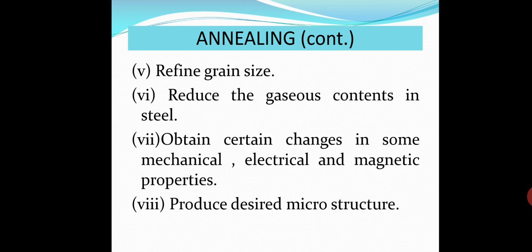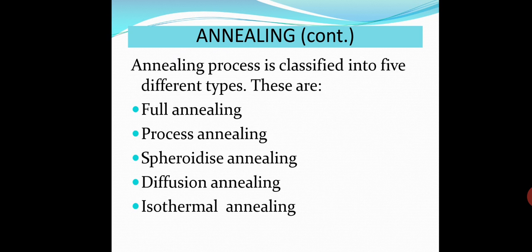Then refine grain size, reduce the gaseous content in steel, obtain certain changes in some mechanical, electrical and magnetic properties, and produce the desired microstructure. So these are the purposes of annealing.